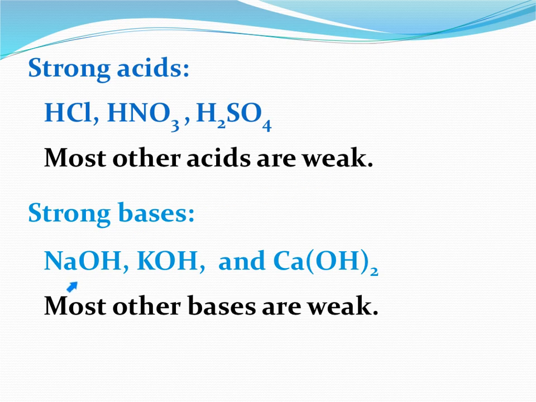And here are some examples of strong bases: sodium hydroxide, potassium hydroxide, and calcium hydroxide. And just like the strong acids, most other bases are weak as well. So take note of what the strong acids are and what the strong bases are.